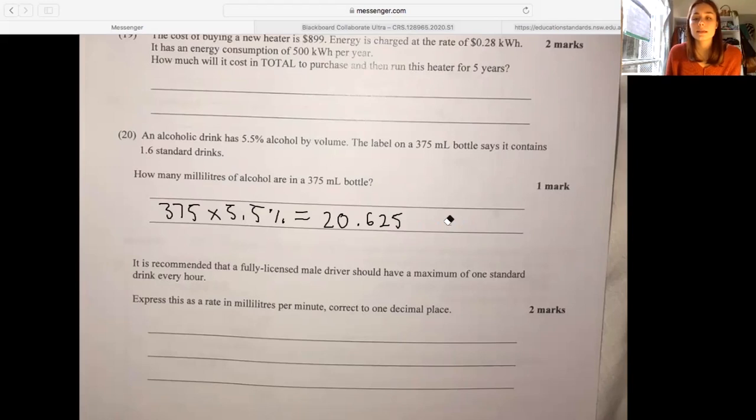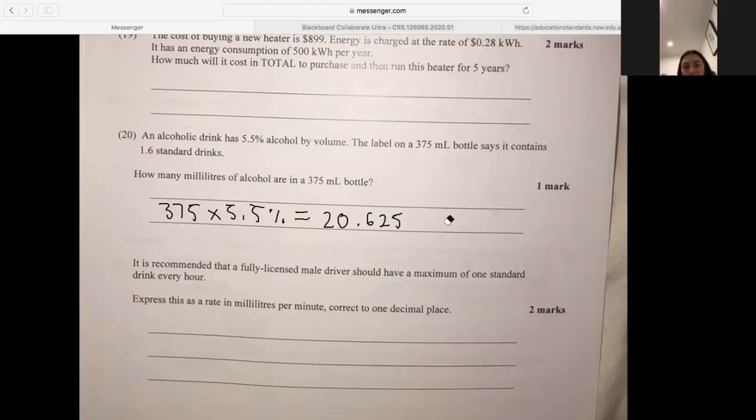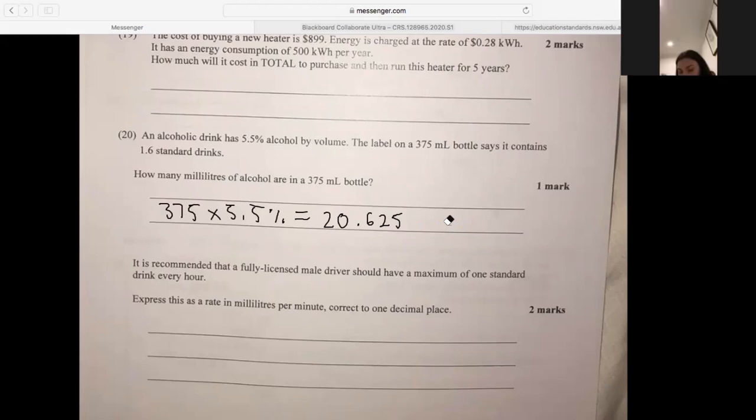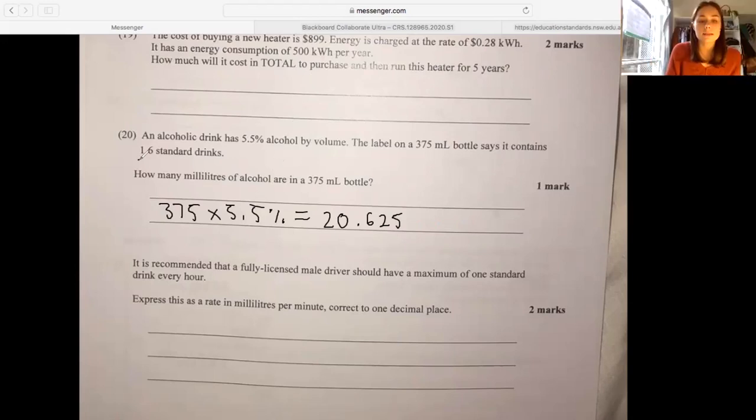Then if I have 4 standard drinks, I just have 4 standard drinks instead of 20 point something times 4. It's an easier way to keep track of where you're up to. And so the 1.6 standard drinks isn't necessary for A, but I think it is for B.